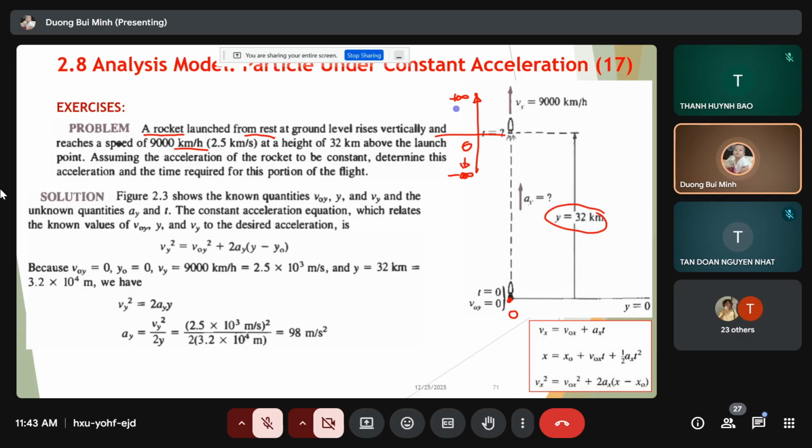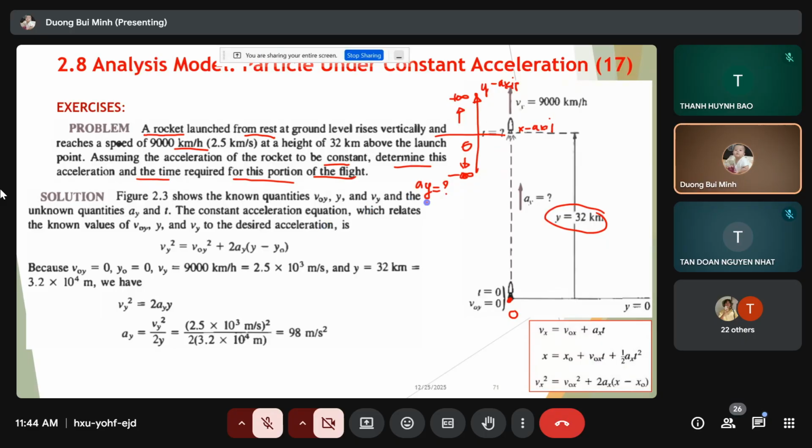Assume the acceleration of the rocket to be constant, determine this acceleration and the time required for this portion of the flight. We determine the acceleration, but now we say ay, because we follow the y-axis, not the x-axis.